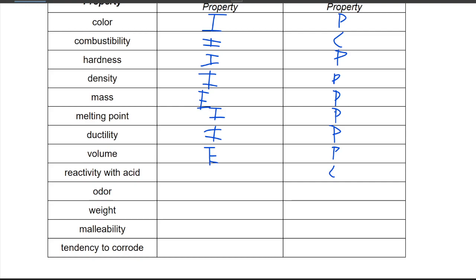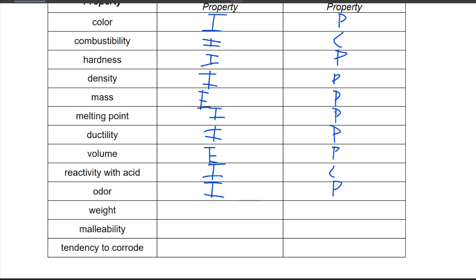It will dissolve the meat regardless of how much there is. It may take longer, but it still will eventually. So it is intensive. Odor is intensive and it is physical. It is something we'd observe with one of our senses. Odor will not change. Like if you have a small cup of hot chocolate and a large cup of hot chocolate, it will smell the same.